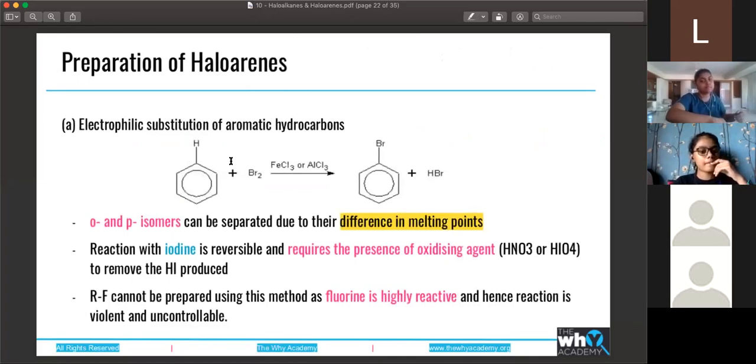So preparation of haloarenes. First one is electrophilic substitution of aromatic hydrocarbons. You have studied aromatic hydrocarbons. Simplest one is benzene, but you can use toluene, phenol, all of these aromatic compounds.